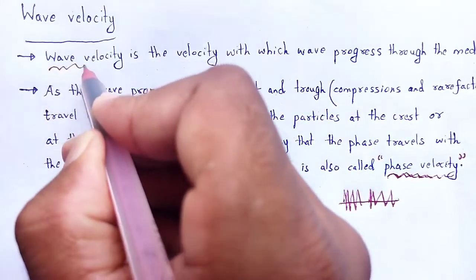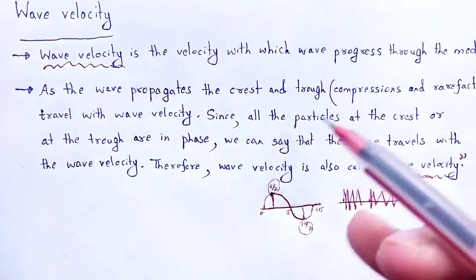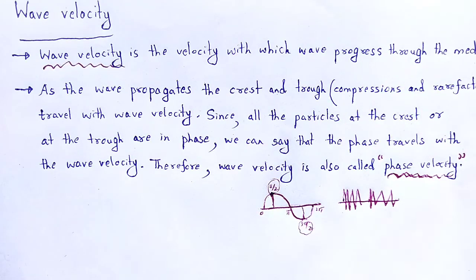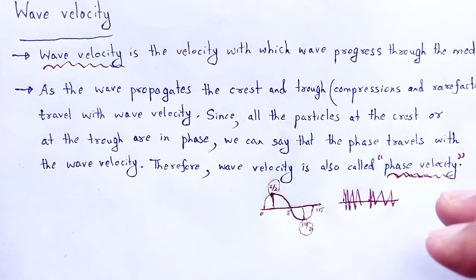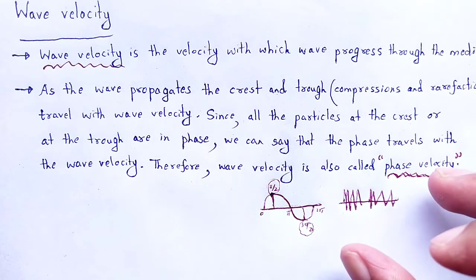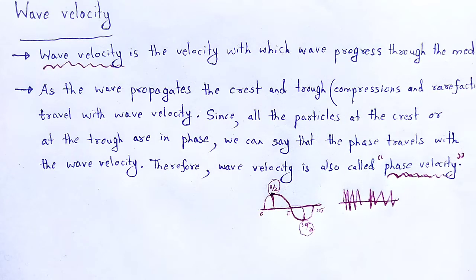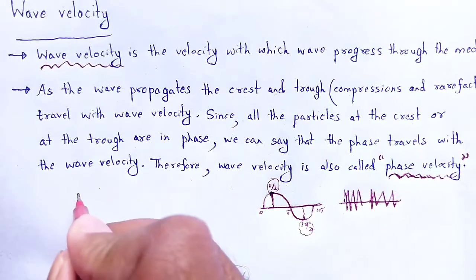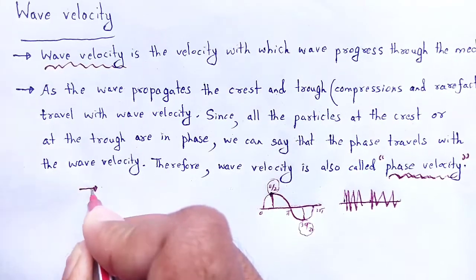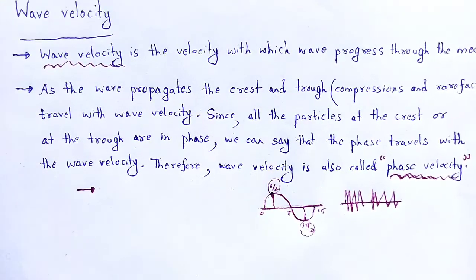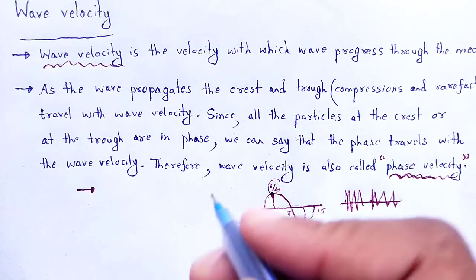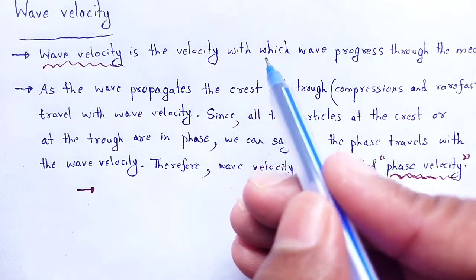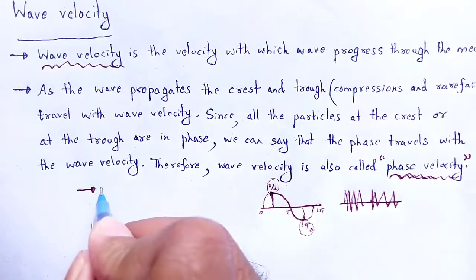That is the wave velocity, the velocity at which the wave progresses in the medium, and also that wave velocity can be considered as the phase velocity. Again, there are other key points regarding wave velocity. The wave velocity through a given medium is constant.